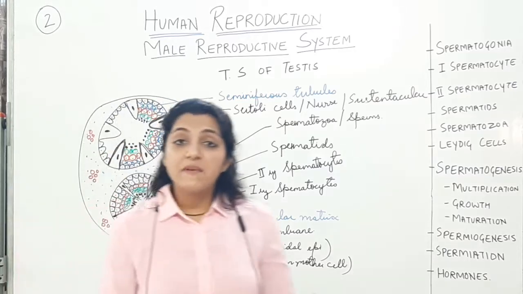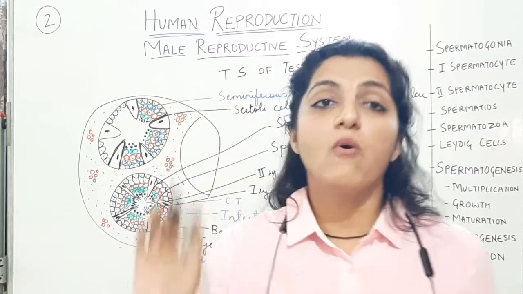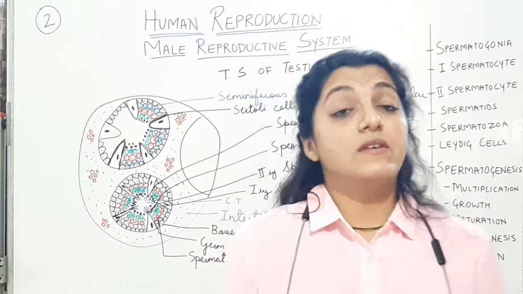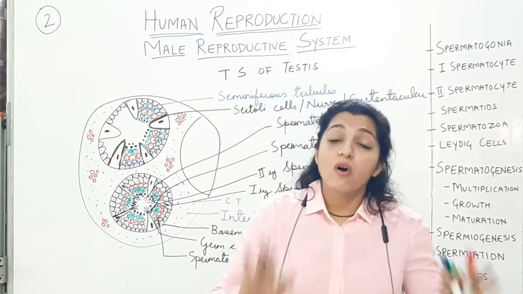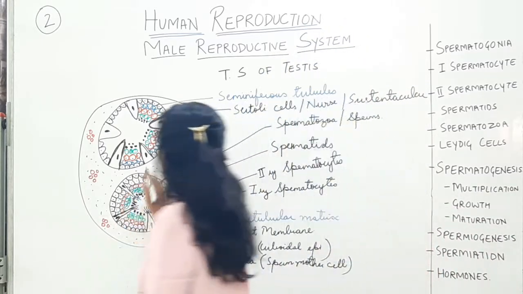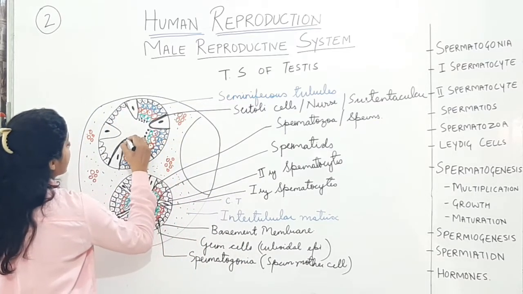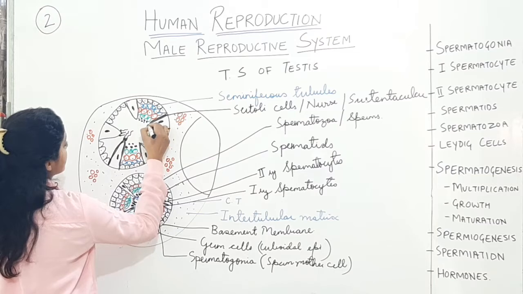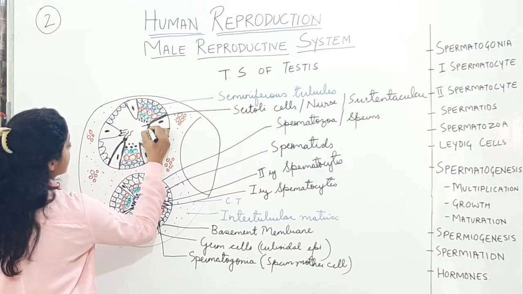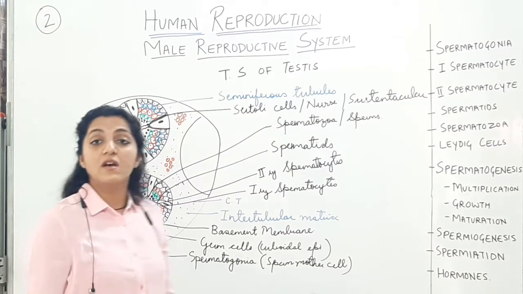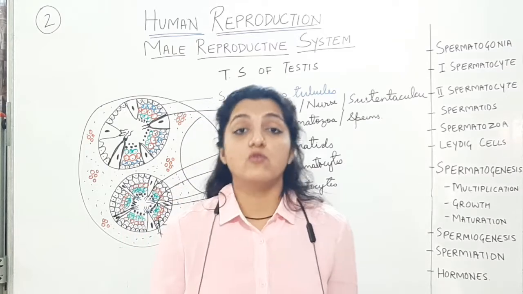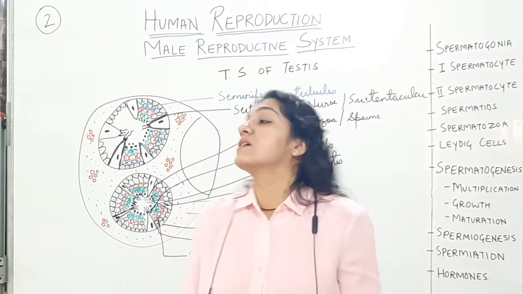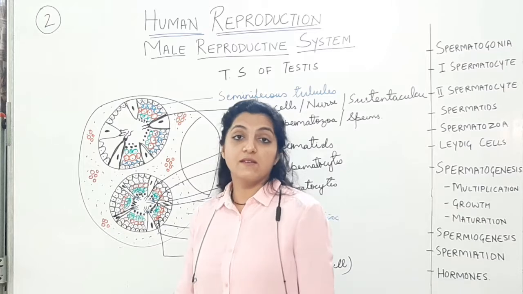Till now, all the cells I have drawn are round and cuboidal. Now the spermatids will be undergoing morphodifferentiation. Now they will get a head and a tail, which is the shape of a sperm. So spermatids will be undergoing morphodifferentiation to produce spermatozoa or the sperms, which are the male gametes.